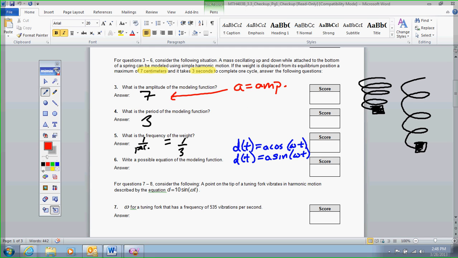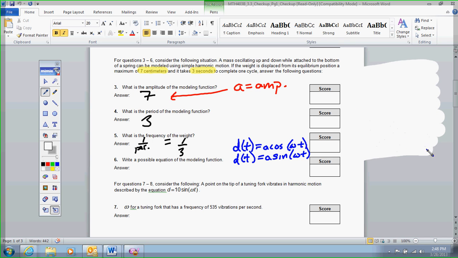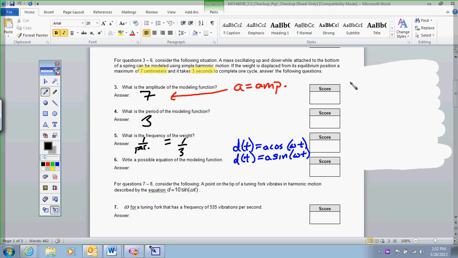Let me create myself a little bit of space here. The period is equal to 2 pi over omega, and we know that our period is 3.